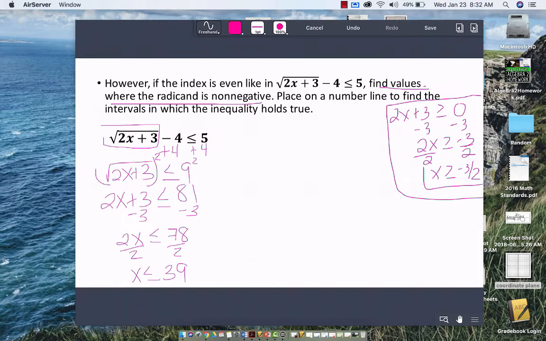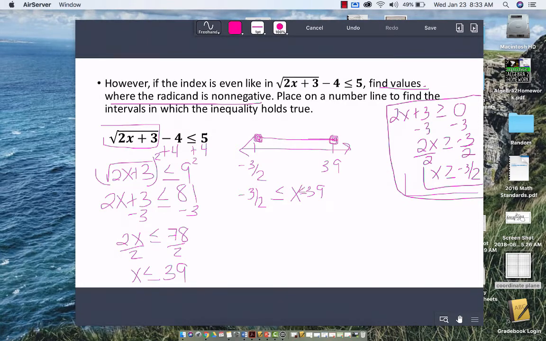But now what I want to do is use my number line to guide me, because I know that x has to be less than or equal to 39, which is here, and is going to be going this way. But we also said, now coming back over here, that it has to be greater than or equal to negative 3 halves. So that would be coming here. So our solution is really that x can be any number sandwiched between the two.